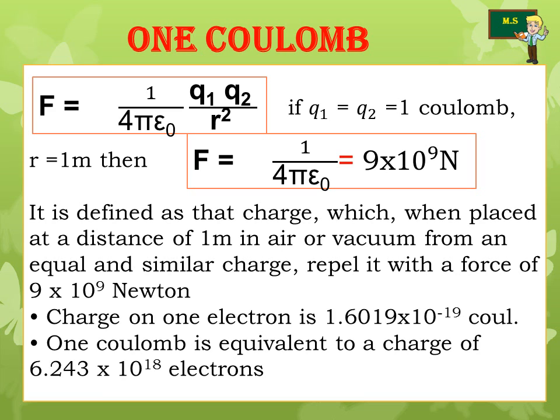The charge of one electron is 1.6019 into 10 to the power minus 19 coulomb. So 1 coulomb is equivalent to a charge of 6.243 into 10 to the power 18 electrons.